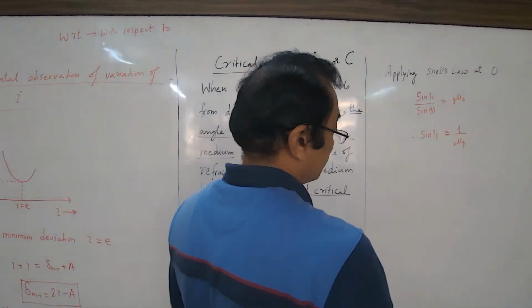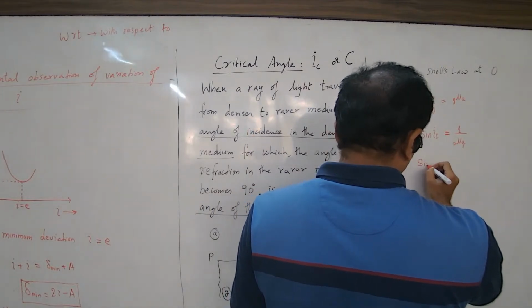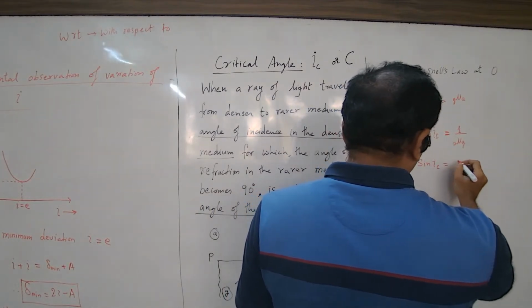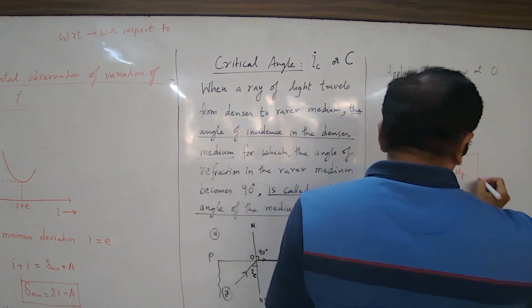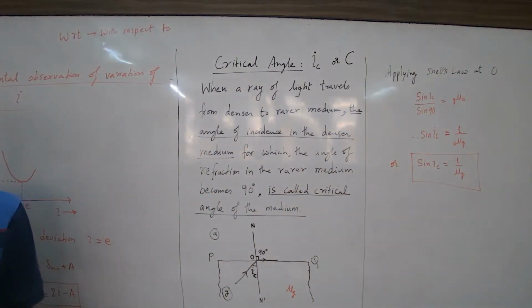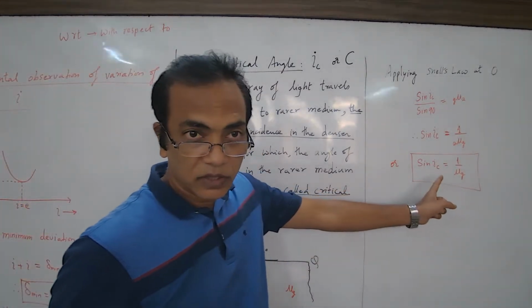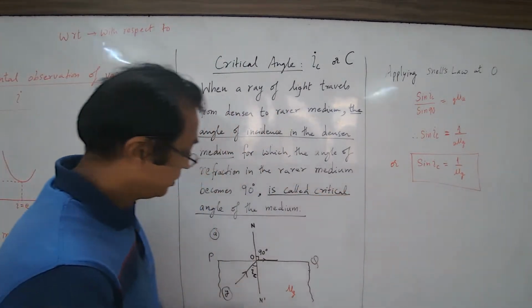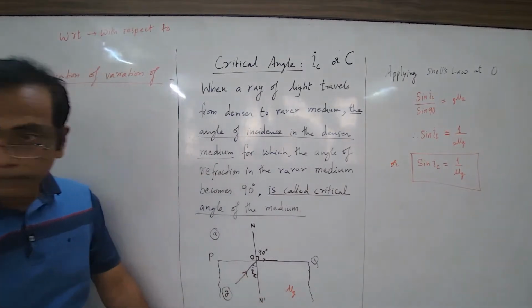So, I will take the reciprocal, or I write sine of Ic is equal to 1 by refractive index of the medium. When the first medium is air, we don't write the medium. So this is called absolute refractive index of the glass.